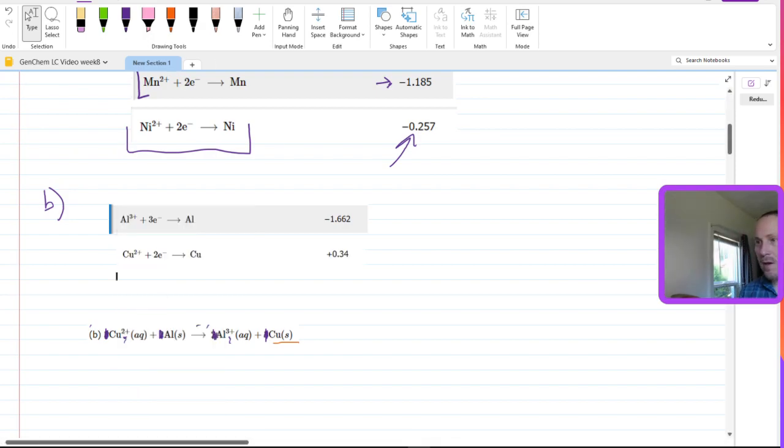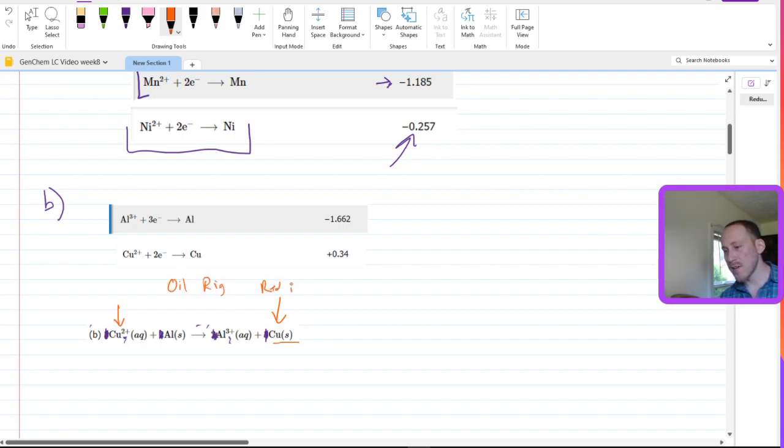Okay, so speaking of solid copper, if we have solid copper on the product side, the copper must be gaining electrons, going from aqueous to solid, right? So the copper is gaining electrons. Oil rig, reduction is gain. The copper is being reduced. So for our E cell on this one, it's the copper being reduced that goes first, and that's 0.34 volts.